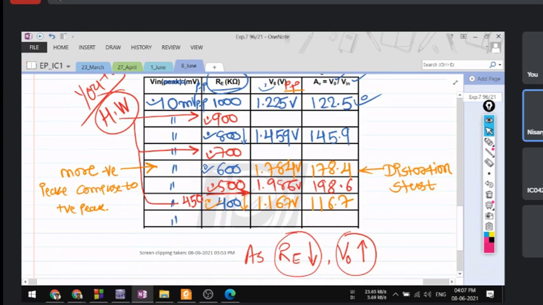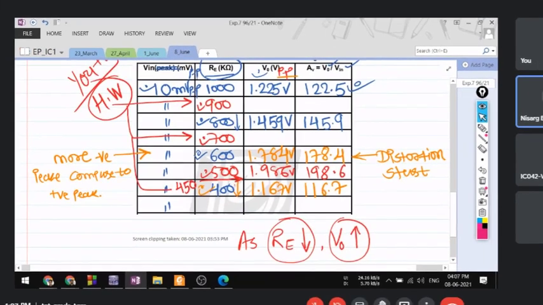As RE decreases, your VO increases. Correct? Fine. Look now, RE is 1000, 900, 800, 700, 600, 500, 400. So RE is constantly decreasing, right?